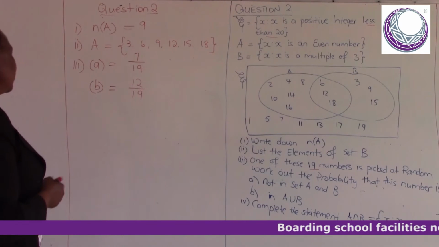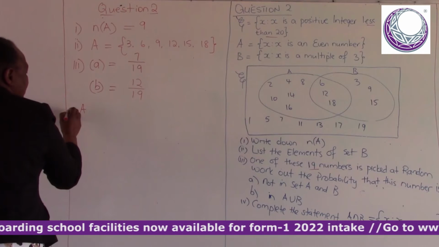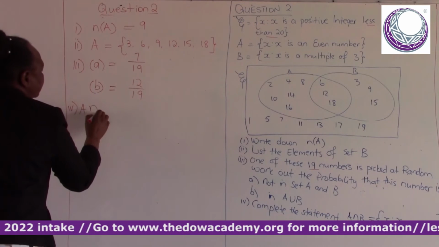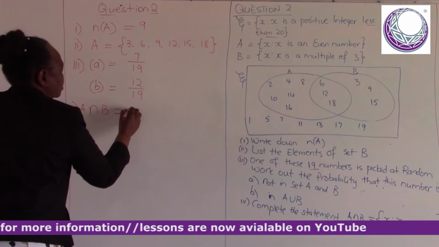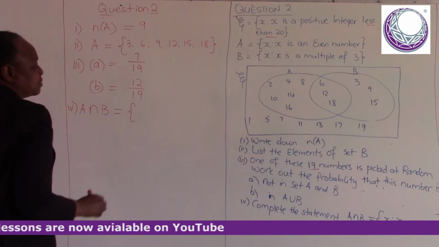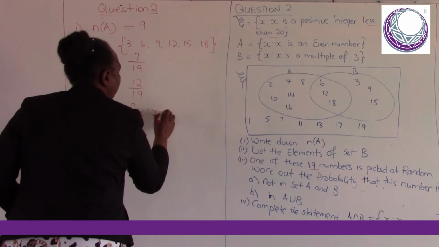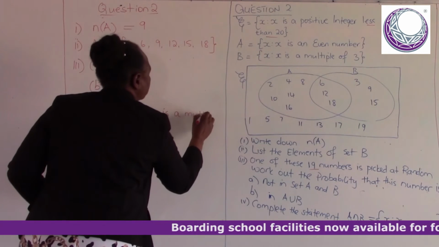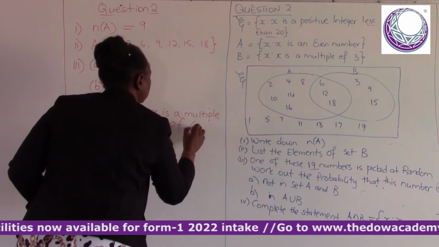So to complete this statement, we can actually say, this is part 4, A intersection B is equal to, combined symbols and descriptions, X is a multiple of 6.